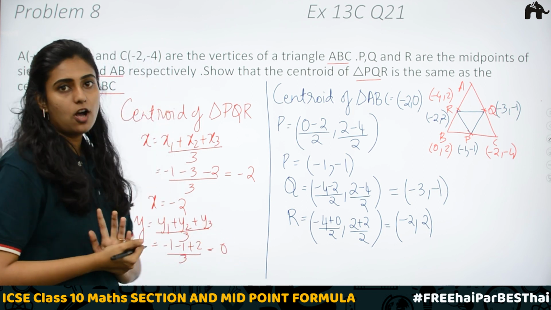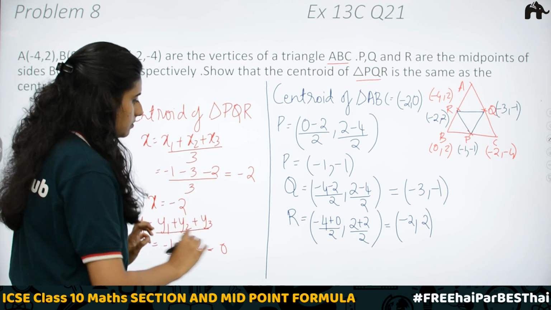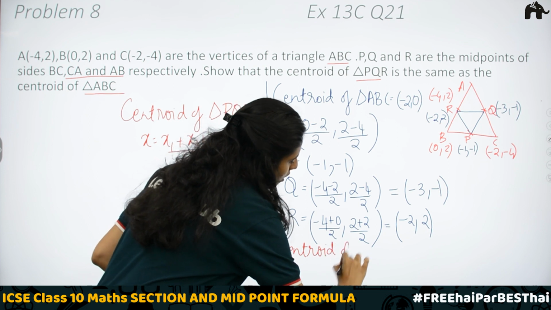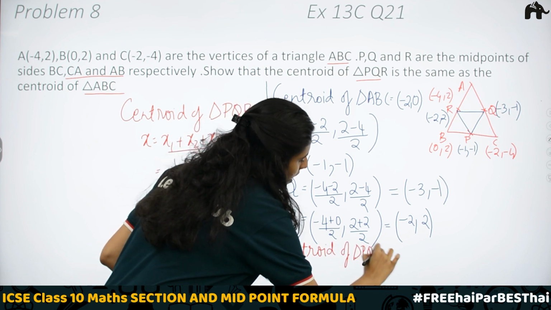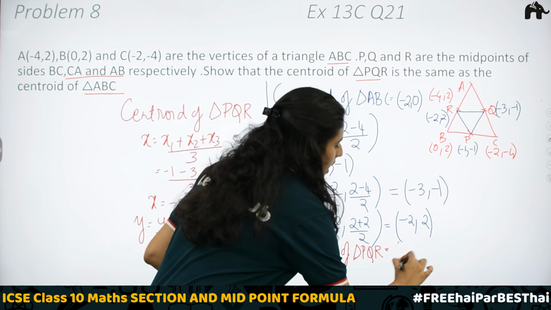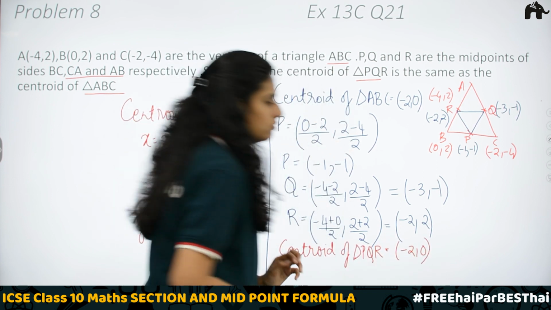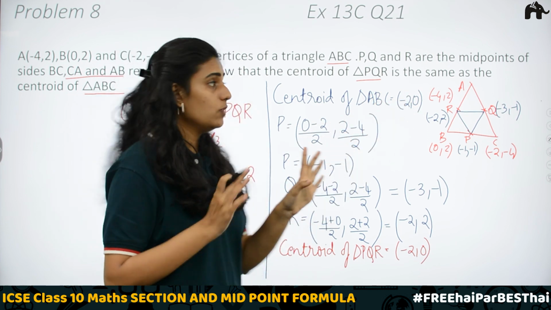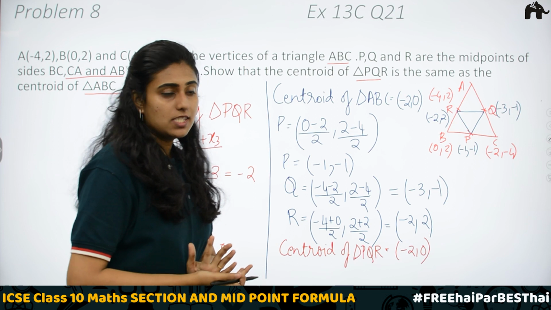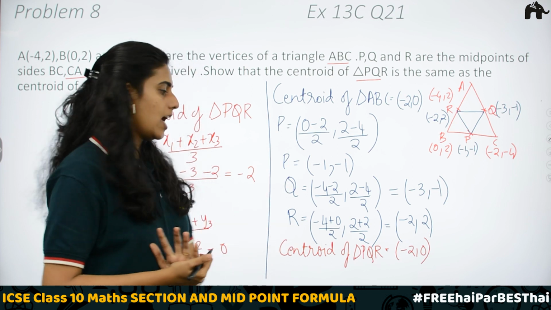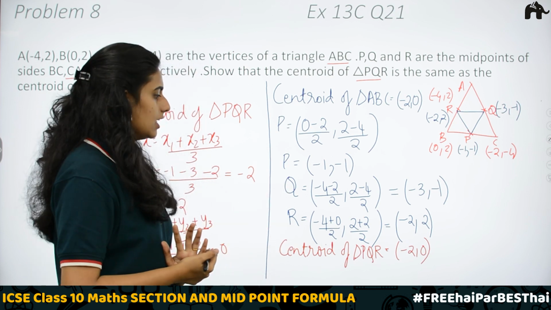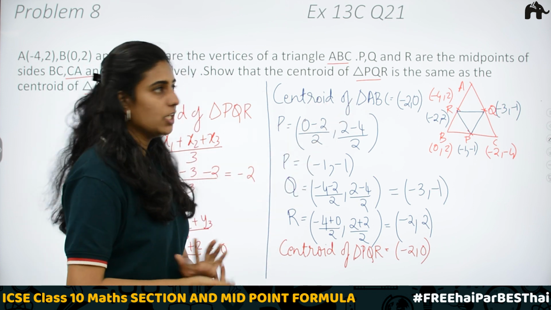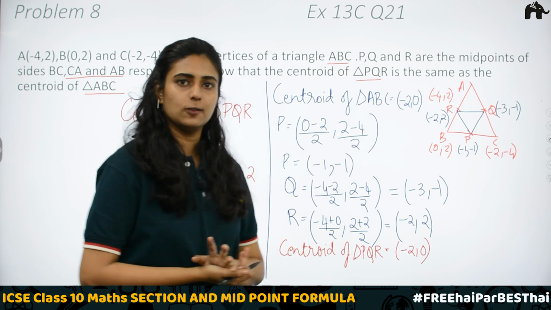Therefore, the centroid of triangle PQR is (-2, 0). We already have the centroid of triangle ABC as (-2, 0), which means the centroid of triangle ABC is equal to the centroid of triangle PQR. Clear? We got the centroid of triangle ABC and the centroid of triangle PQR equal, which is (-2, 0).